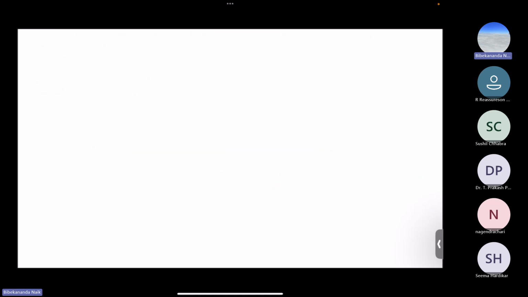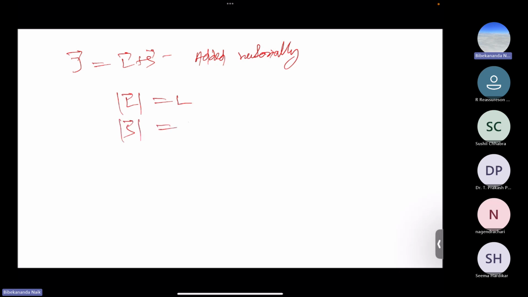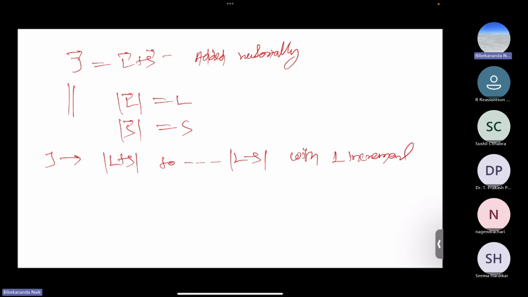Now we know J is the L vector plus the S vector, added vectorially. So if the L vector has value L and S has value S, then the value of J is L plus S to L minus S with one increment.